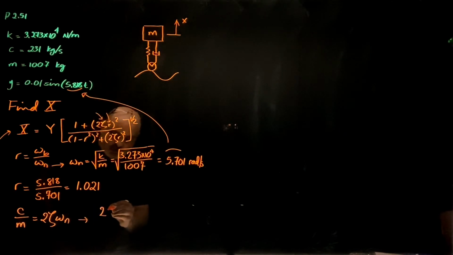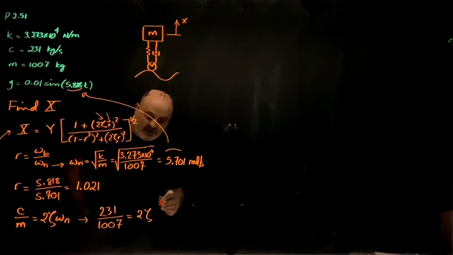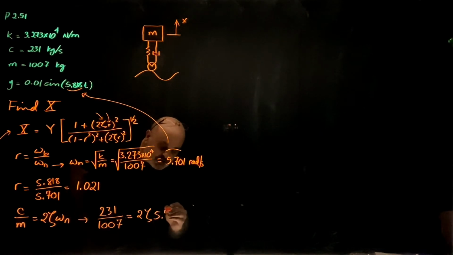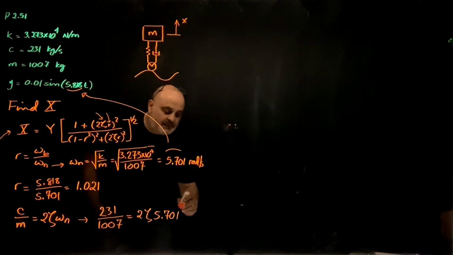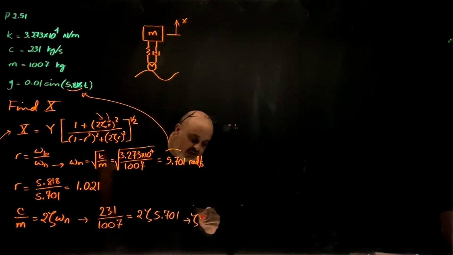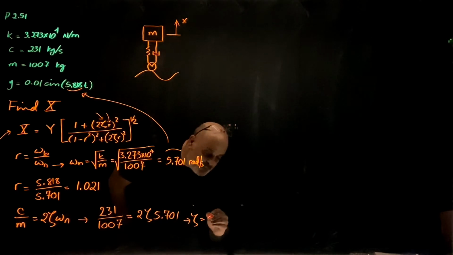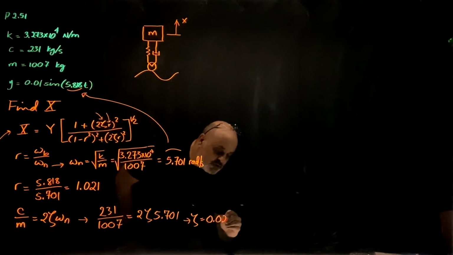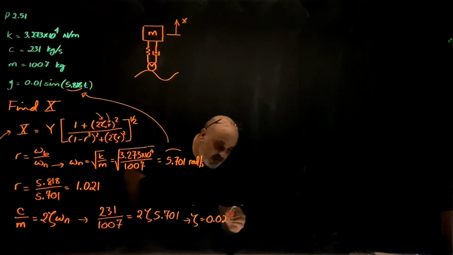C is 231, M is 1007, equals 2 zeta, and omega n is 5.701. This leads to zeta equals 0.0201.